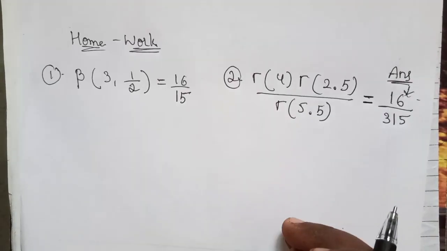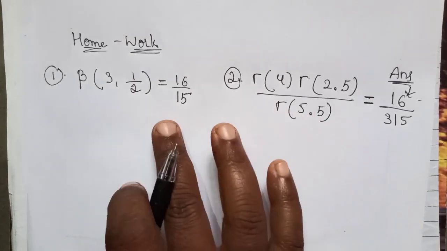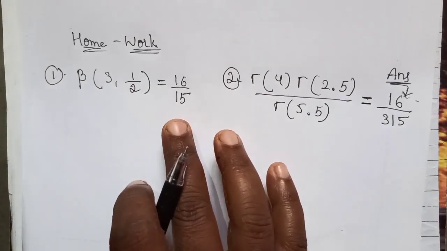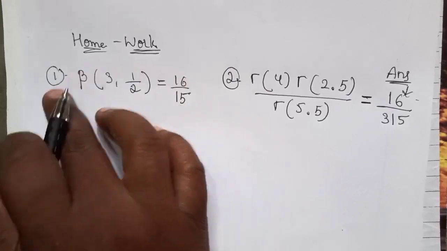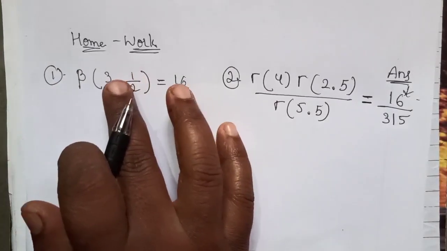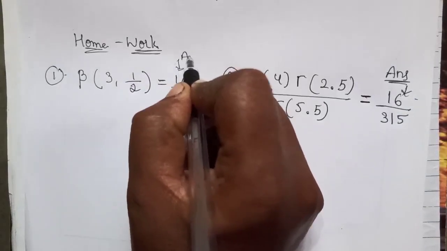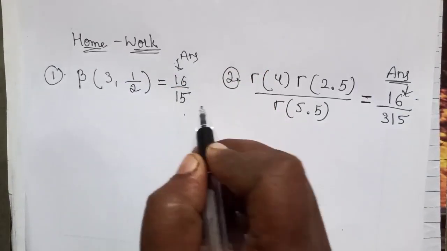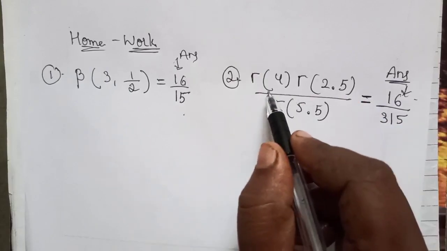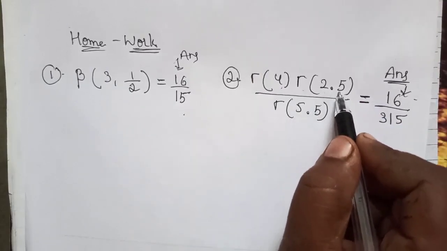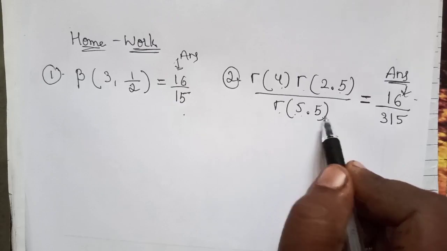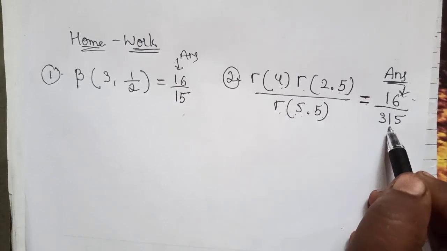Students, by using the same formulas of the beta and gamma function, you can solve this one: beta of 3 comma 1 by 2. Its answer is 16 by 15. The second one is gamma of 4 into gamma of 2.5 divided by gamma of 5.5, which is equal to 16 divided by 315.